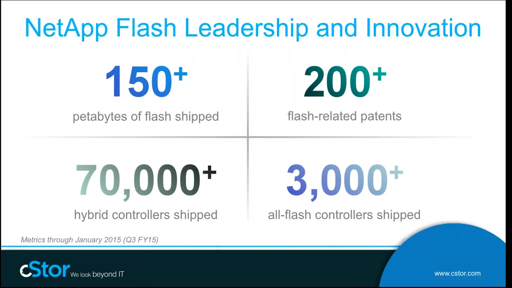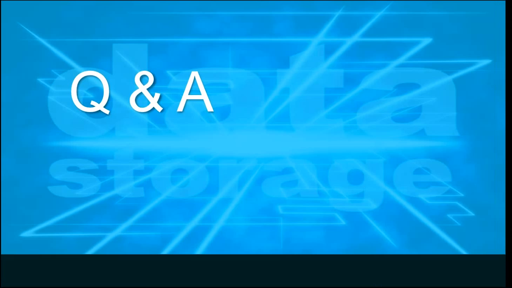From a NetApp perspective as well, they have shipped a ton of flash with over 200 flash-related patents. 70,000 controllers have shipped, and of those, over 3,000 are flash only, so all-flash controllers. So with that, a little blurb from a NetApp perspective at the end, the overall flash technology, and then getting into some Q&A after talking a little bit about NetApp.